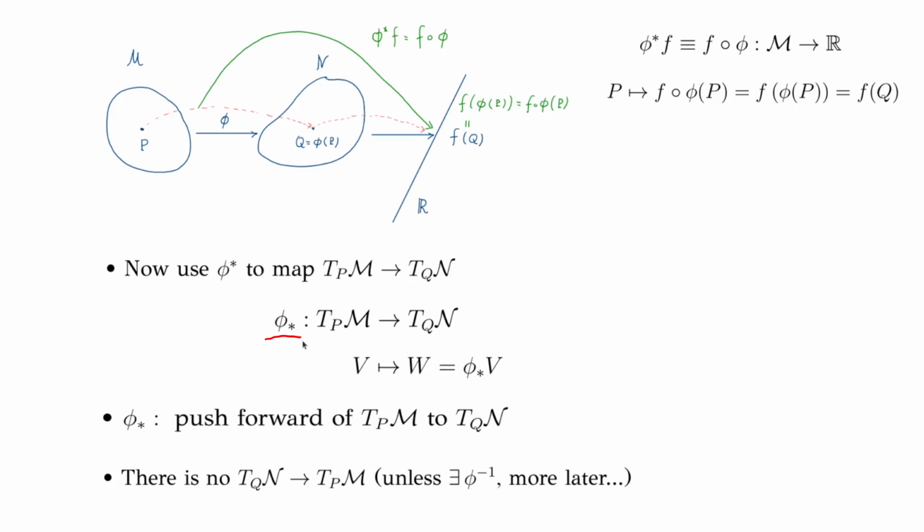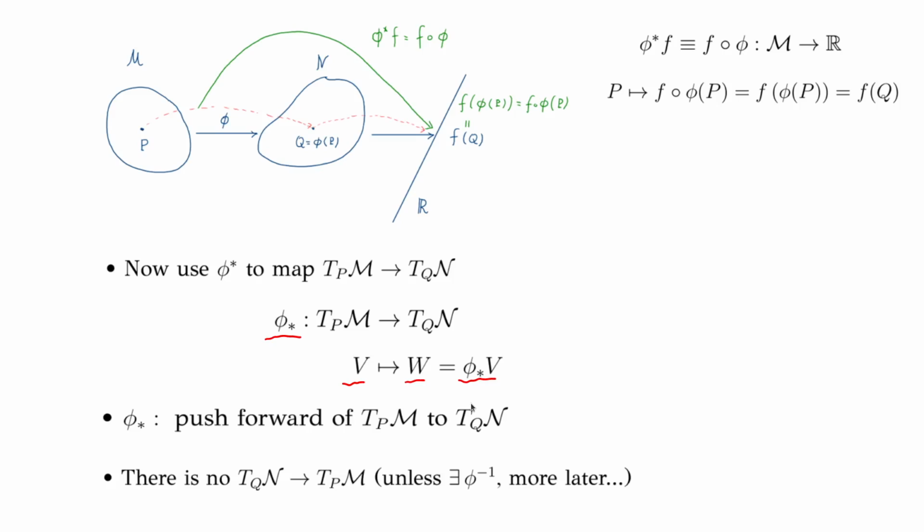Star is now a subscript instead of a superscript because it pushes forward objects from the manifold M to the manifold N. Under this operation, any vector v at the point P is mapped onto a vector at the point Q, which we call phi star of v.